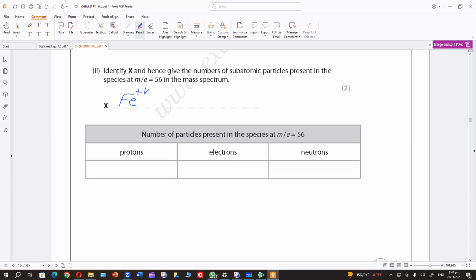Number of particles present in the species m/e 56: you have identified it as iron. So can you tell me the atomic number of iron? Atomic number of iron is 26. So there are 30 neutrons, 26 electrons, and 26 protons.